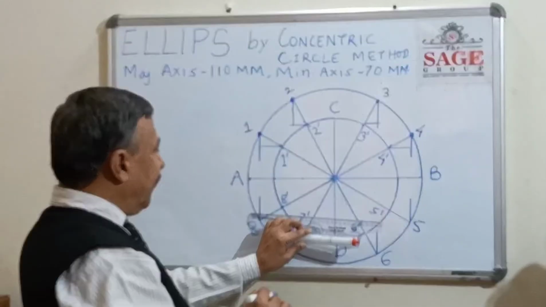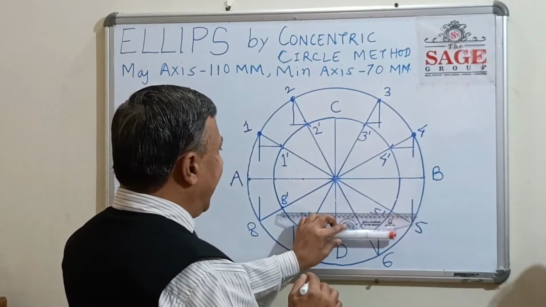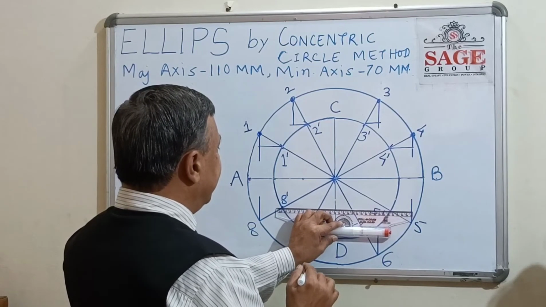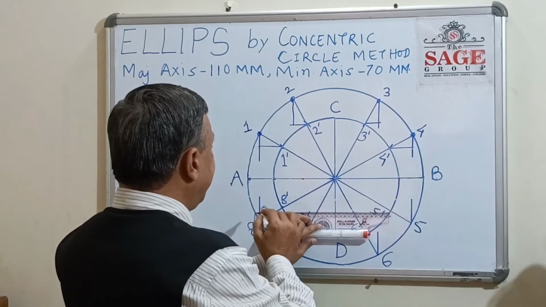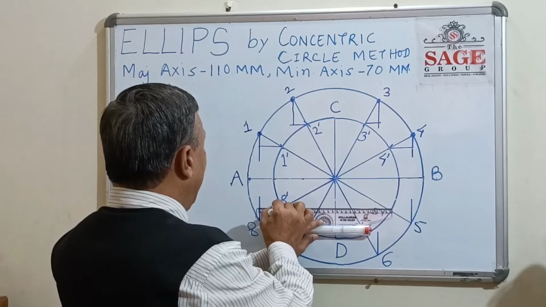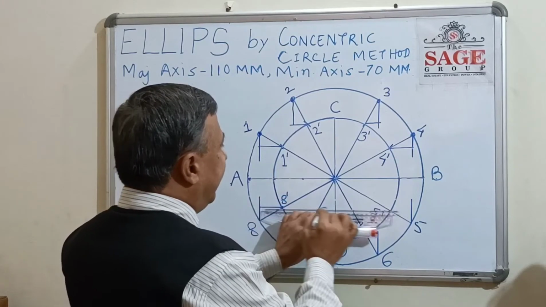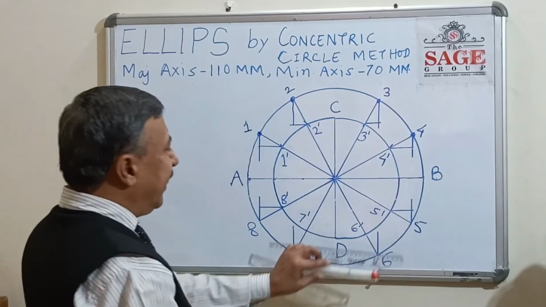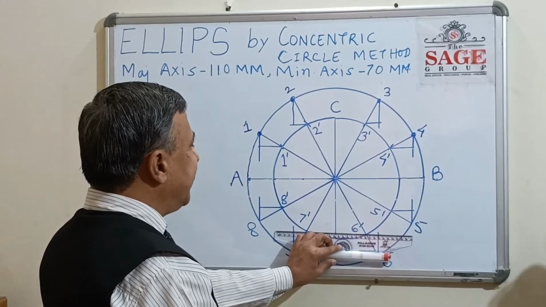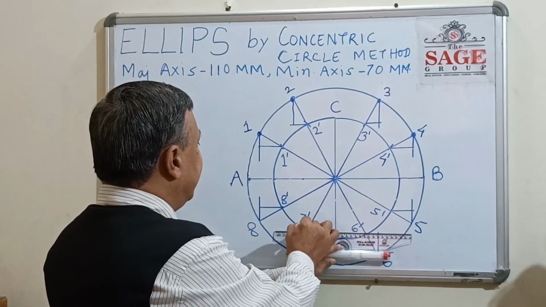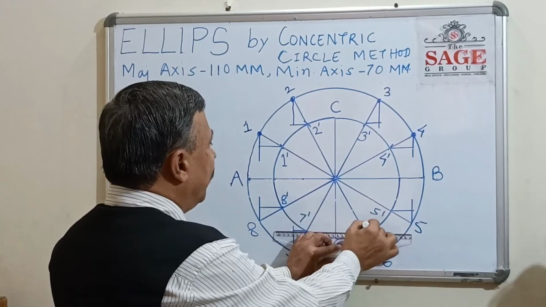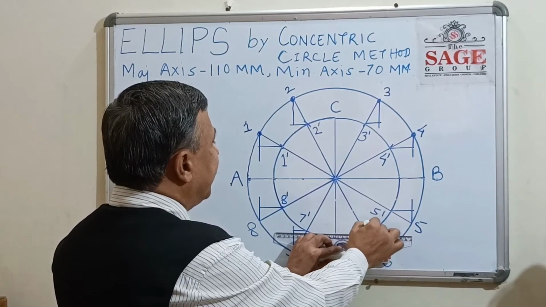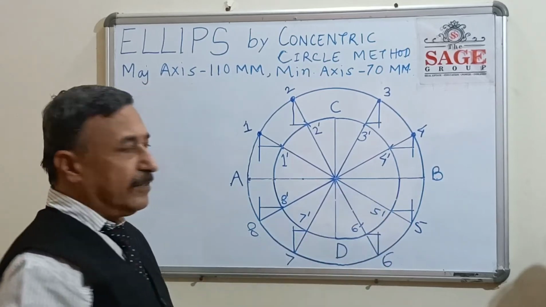Similarly, from 8 dash and 5 dash, the same line. First we draw from 8 dash and then from 5 dash. And similarly from 6 dash and 7 dash, from 7 dash towards left and from 6 dash towards right.